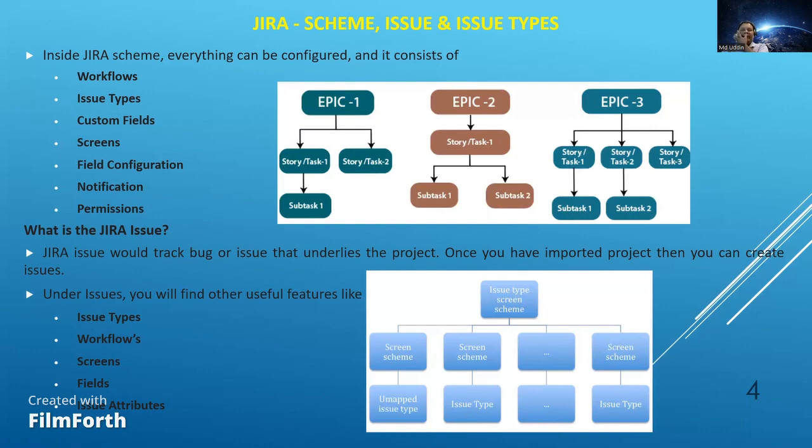Basically, there are user stories which are mapped with other user stories. So one user story can be a parent, and under the parent you have different user stories which can be children. So it's a parent and child relationship. Clear?